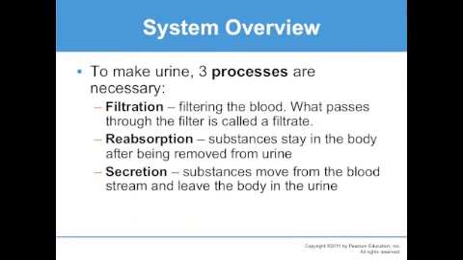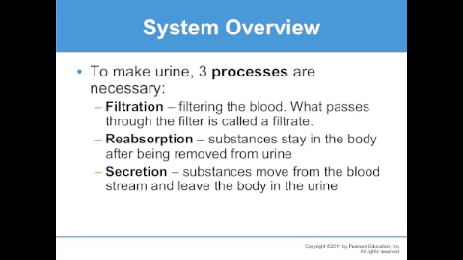When the kidneys make urine, it has to go through three processes in order for urine to be created. Filtration is the process that filters the blood. This determines what passes through the filter, and what does pass through the filter is a substance that's called filtrate.